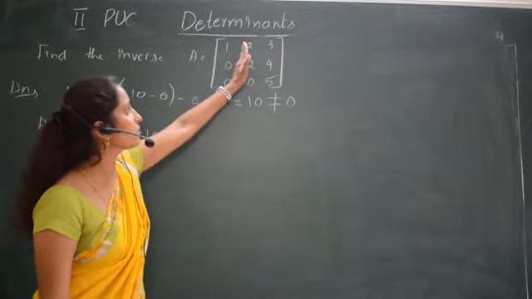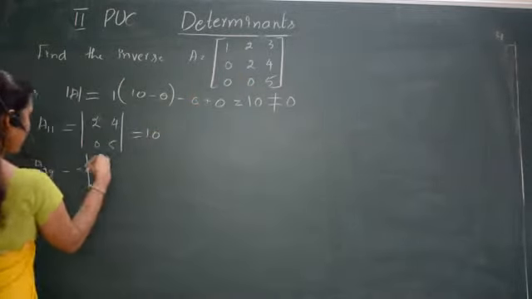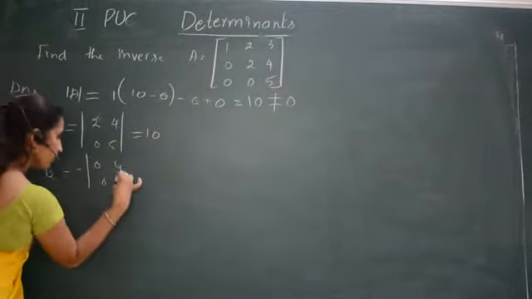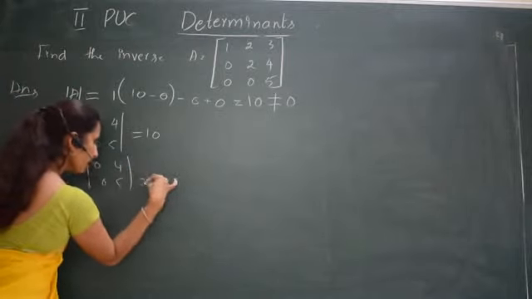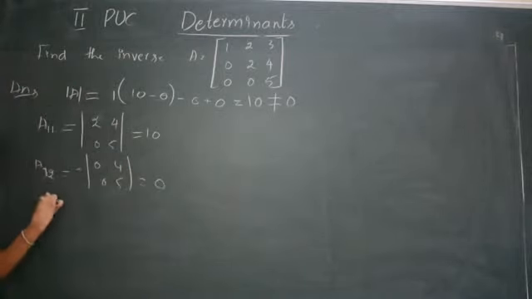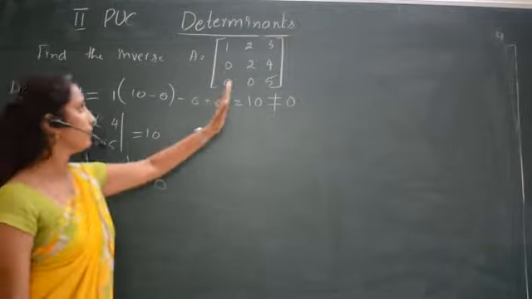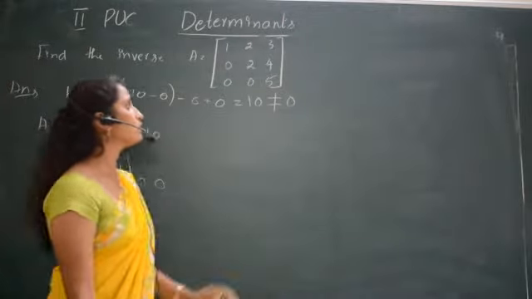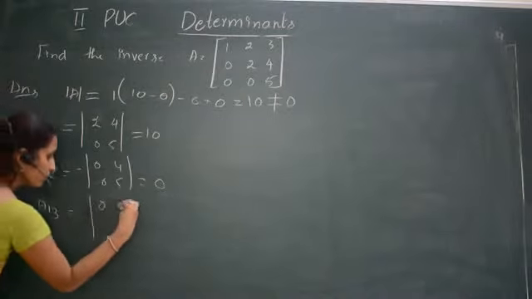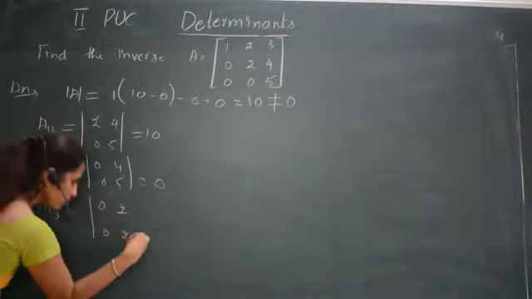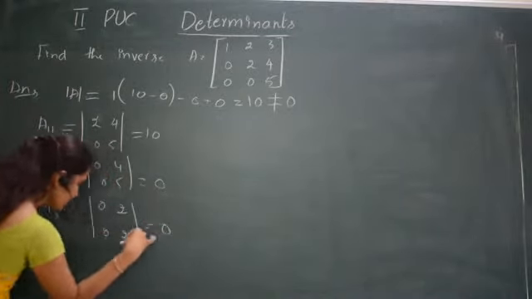By deleting this, what we get is 0405. So this will be 0 itself. A13 is plus. By deleting the first row and the third column, we get 0200. So this will be 0.